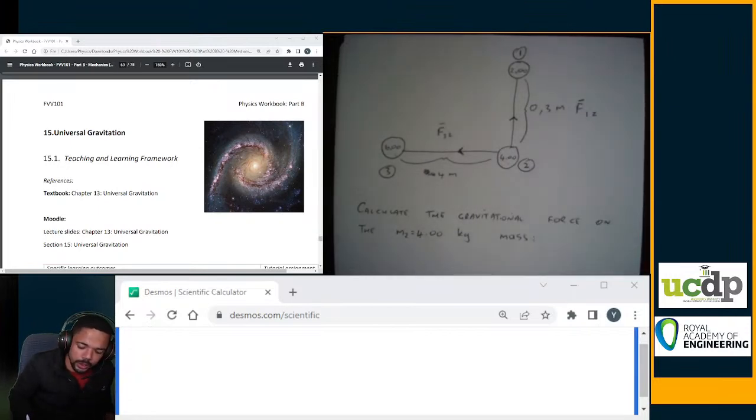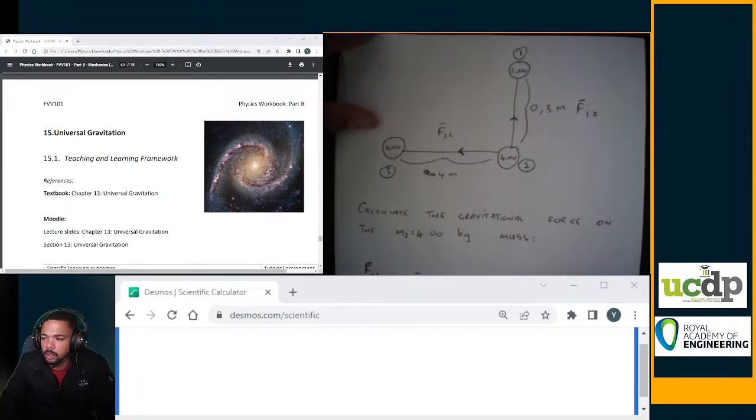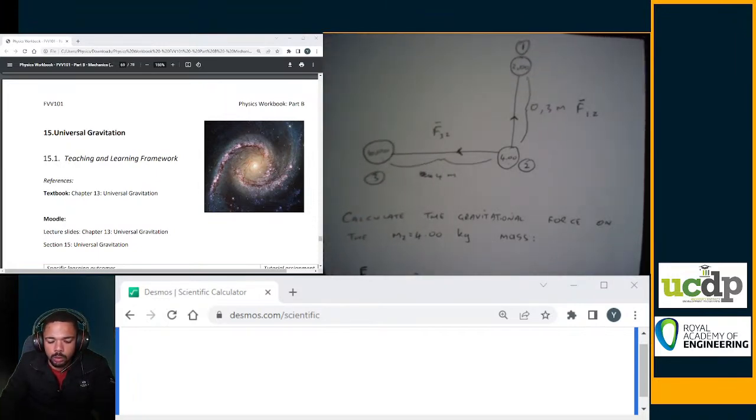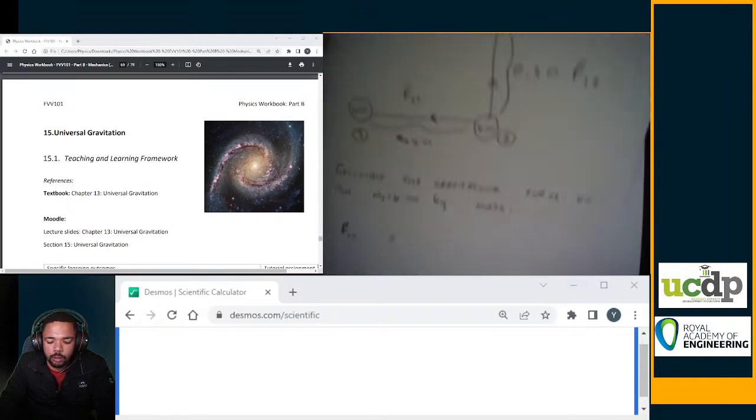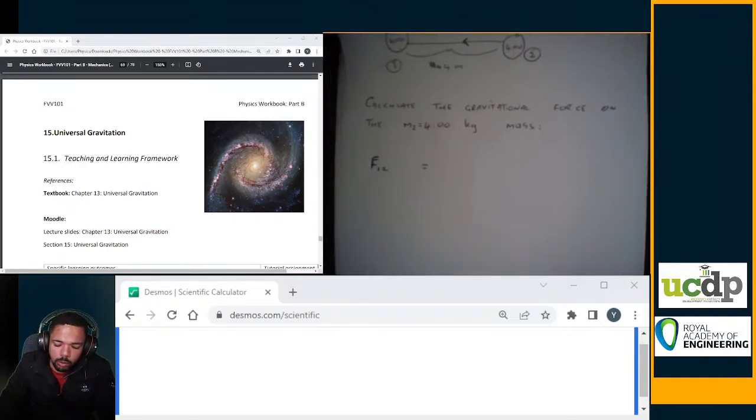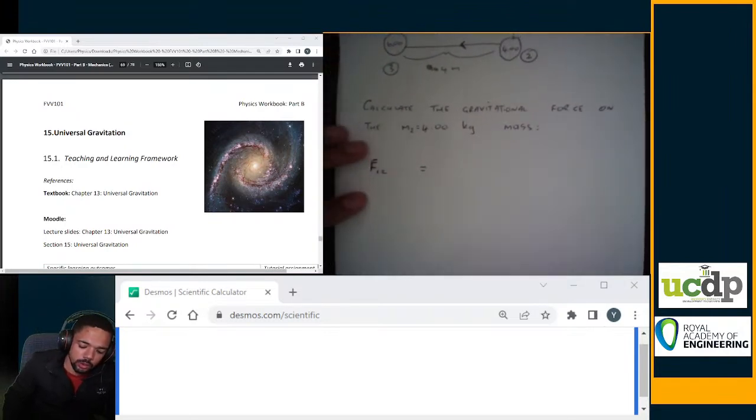Okay, so first let's calculate the force that 1 has on 2. The force that 1 has on 2, that is the vector for the force that 1 has on 2, meaning the force between sphere 1 and sphere 2.